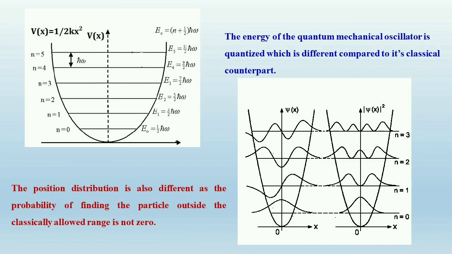The value of psi is finite outside the potential half kx square. Look here, it is non-zero. So the probability of finding the particle outside the classically allowed range is also possible for the quantum harmonic oscillator, which is a different characteristic compared to its classical counterpart.